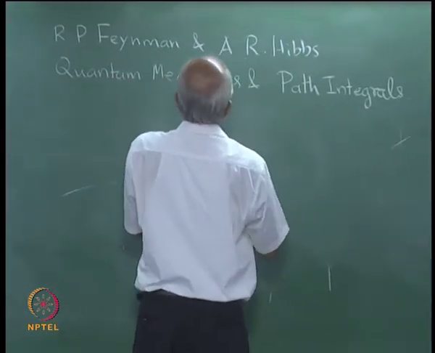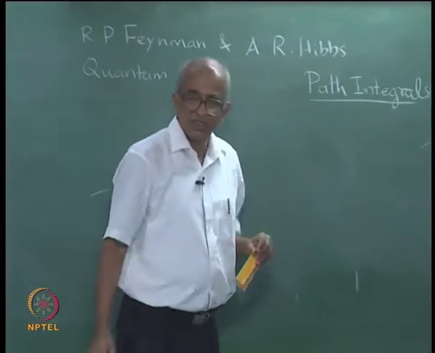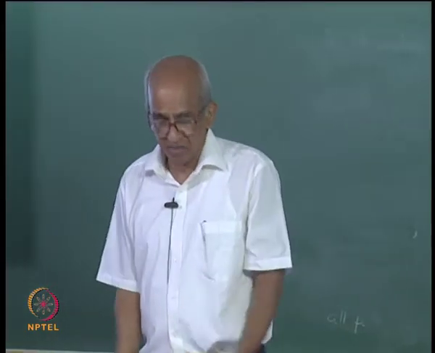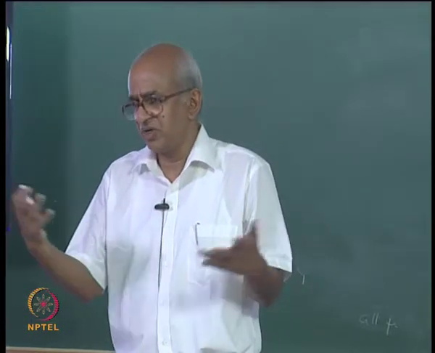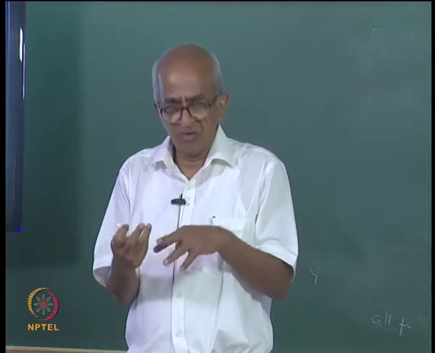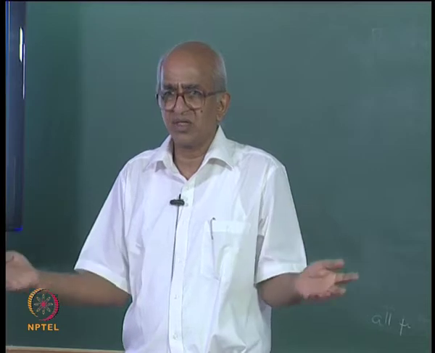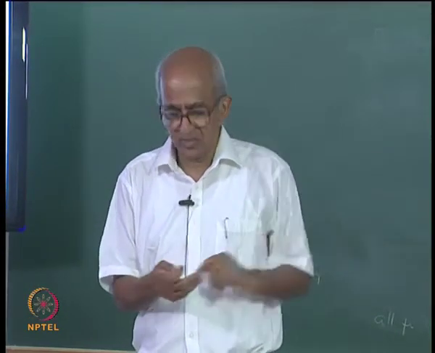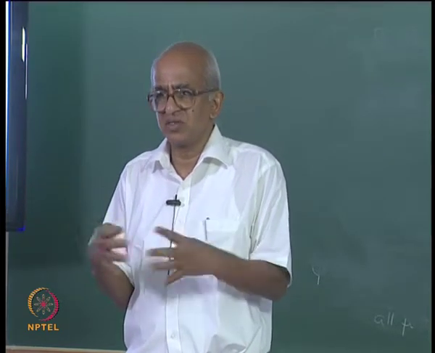So, the approach is actually due to Feynman. Interestingly, this was his PhD thesis. You see, quantum mechanics was developed, as you know, in 1925-26, around that time. There were two avenues of attack. One was due to Schrodinger. Schrodinger was an expert on waves and he wrote down the wave equation which we are going to see. And there was also Heisenberg, who developed what is referred to as matrix mechanics.